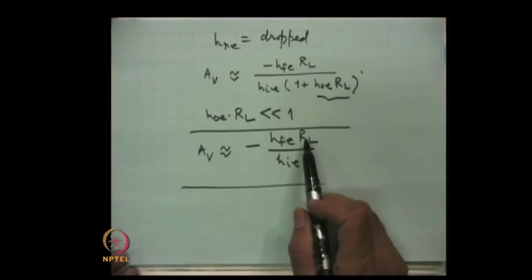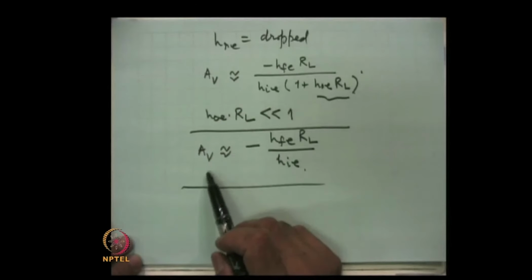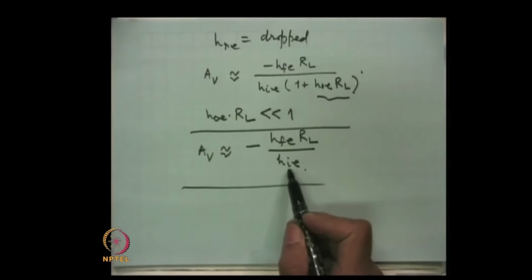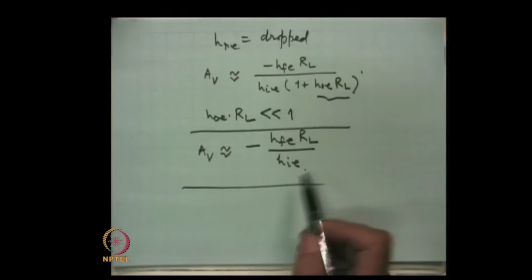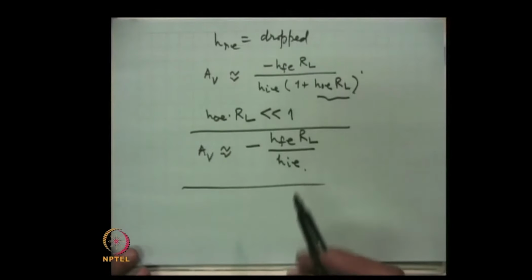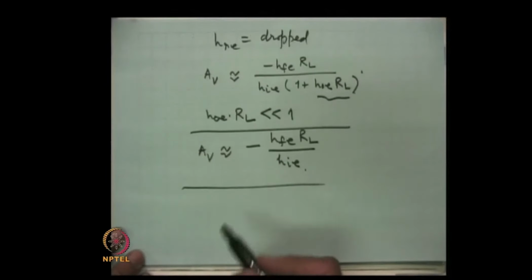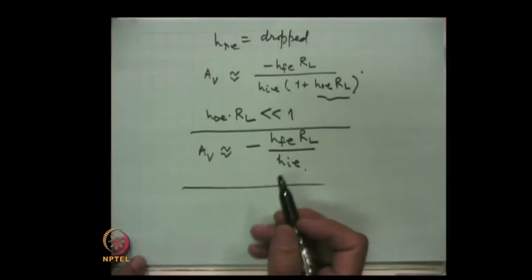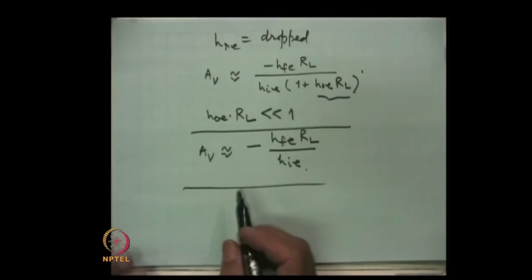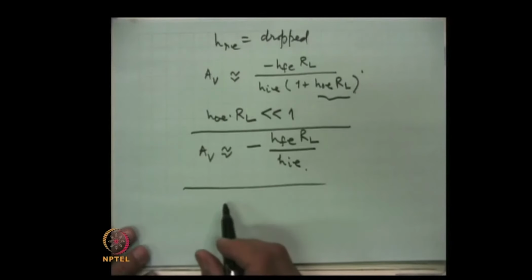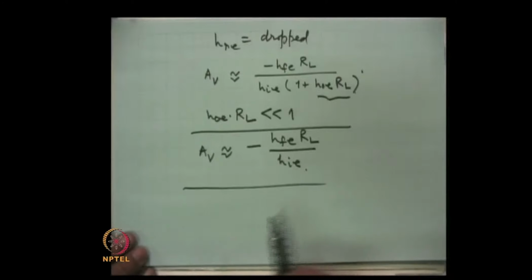If load resistance is low, this is one reason that the voltage gain will fall, and this is of course HIE. And under this condition, with these modifications, our current gain also becomes simplified, and input impedance and output impedance, all those relations, they get simplified.